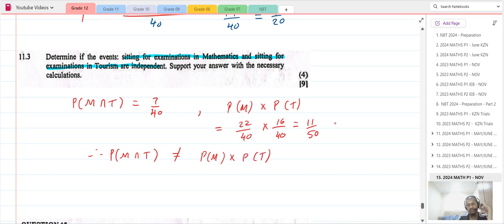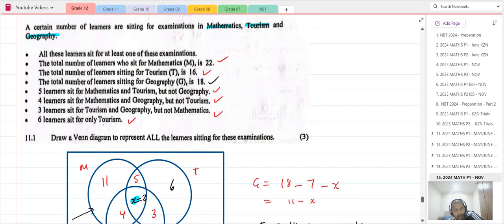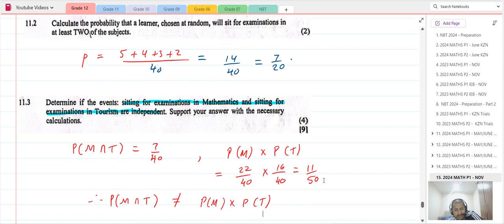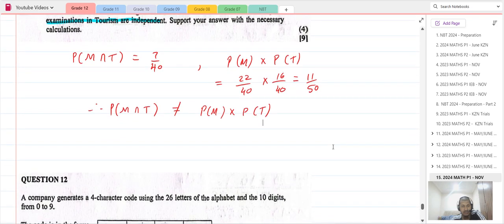This is the calculation I showed. Probability of mathematics is 22 out of 40. Probability of tourism is 16 out of 40. So you can say not independent.